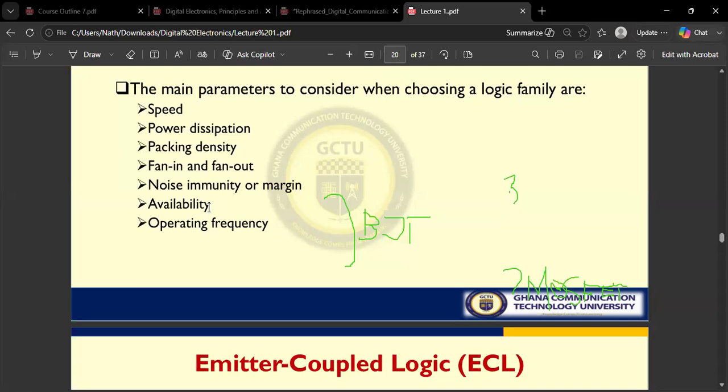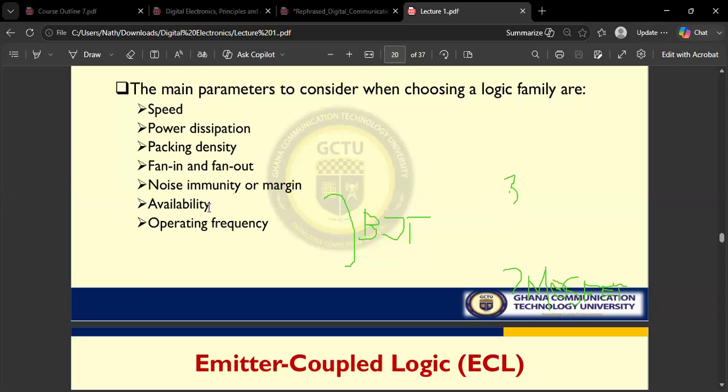The fan-in is just the number of digital inputs a single logic gate can accept, and the fan-out is the maximum number of identical inputs a single gate can drive without causing a drop in performance.